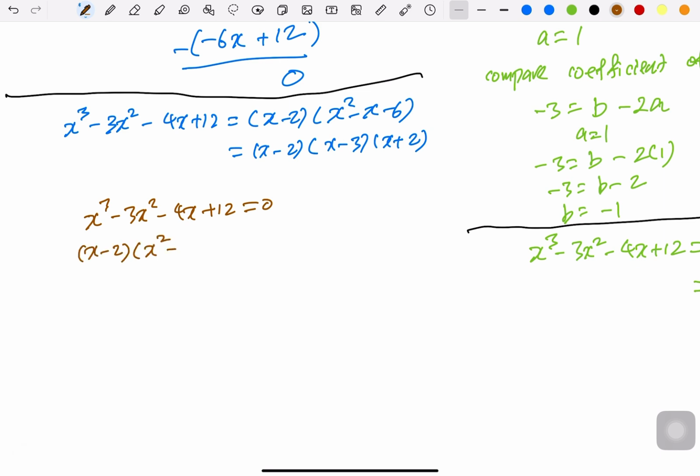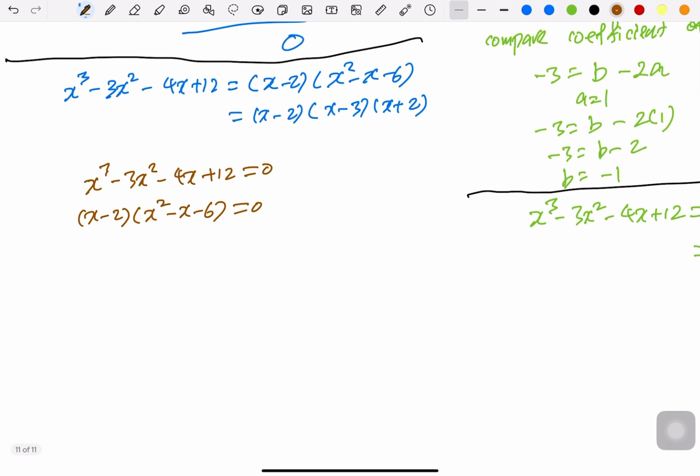So instead of writing it this way, I write it in this way, because this is an equation, just like when we factorize quadratic equations. I know that x minus 2 multiplied by x squared minus x minus 6 is 0.